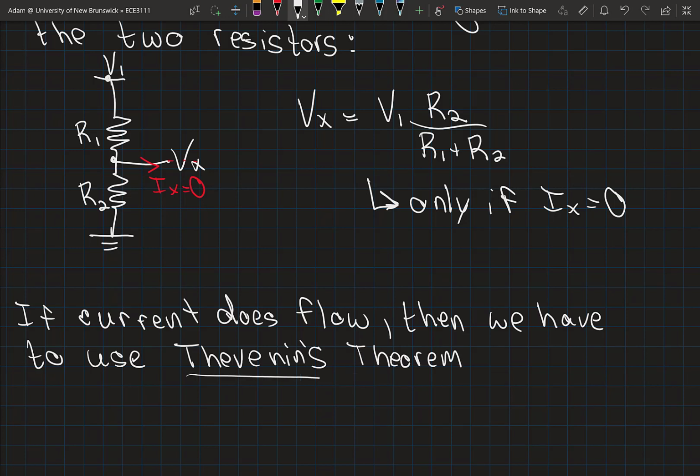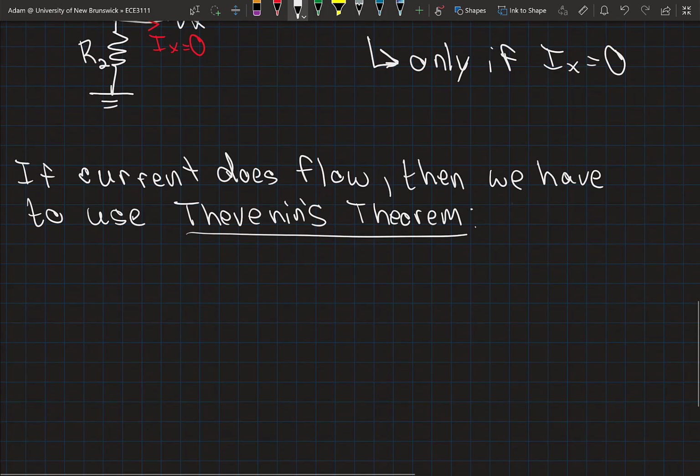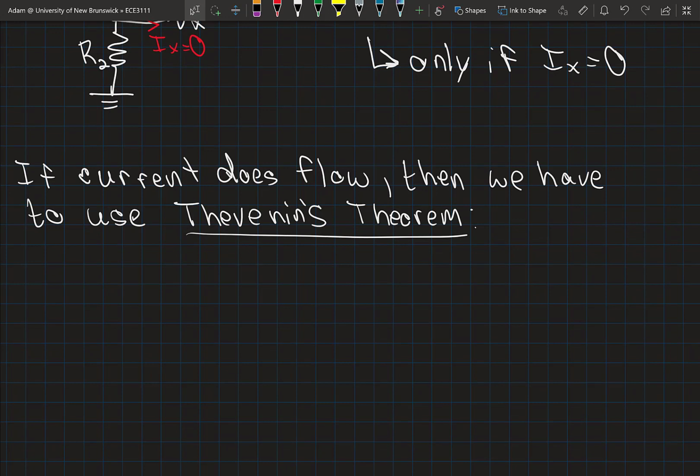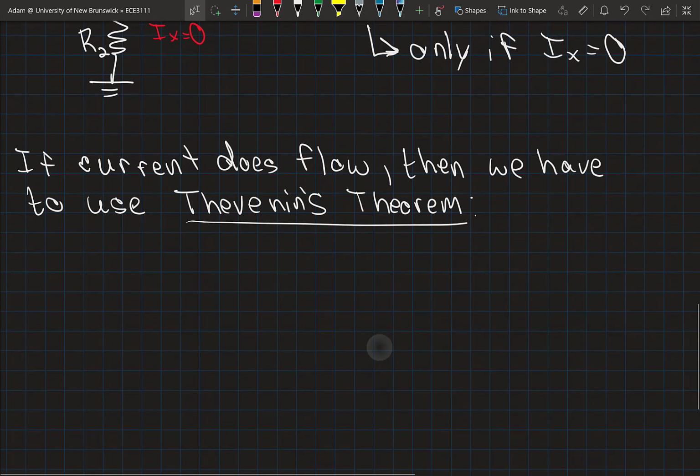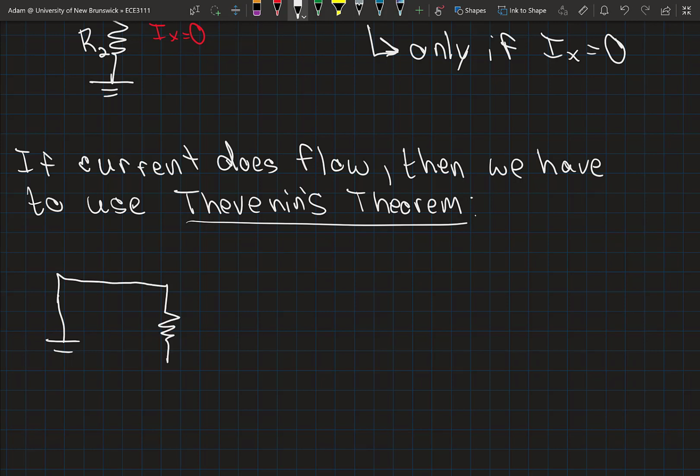And this is going to come up specifically when we are dealing with transistor circuits and the bias network for transistors. So I'll show my resistors connected to a source like this now, just to be a little bit more clear maybe.